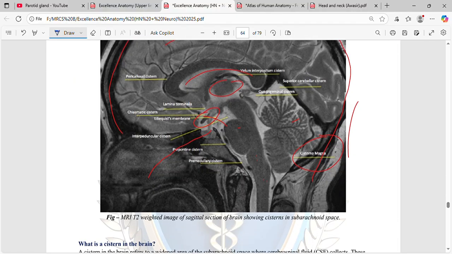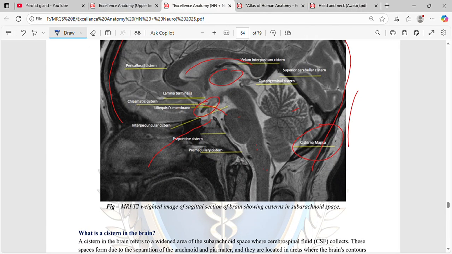Okay, so here is the same diagram again. We can just go through these labelings. This is the pericallosal cistern, and here we have the chiasma, with this we have the chiasmatic cistern, and we have the interpeduncular cistern.